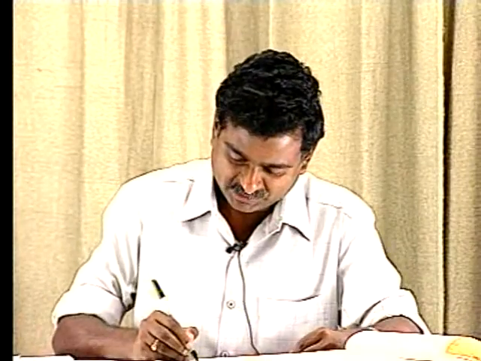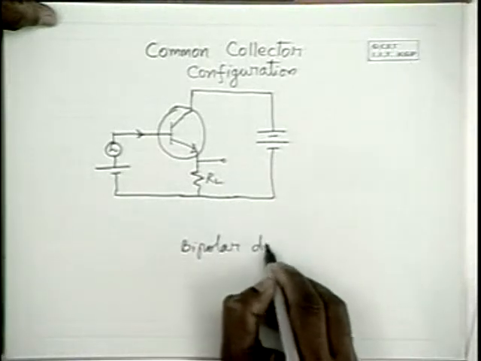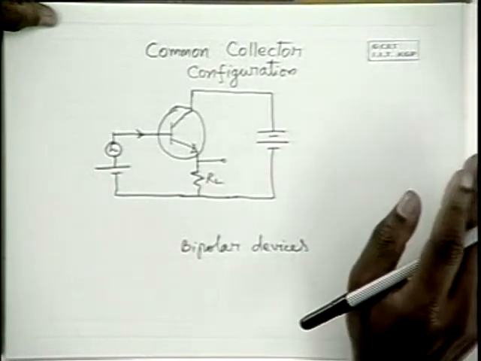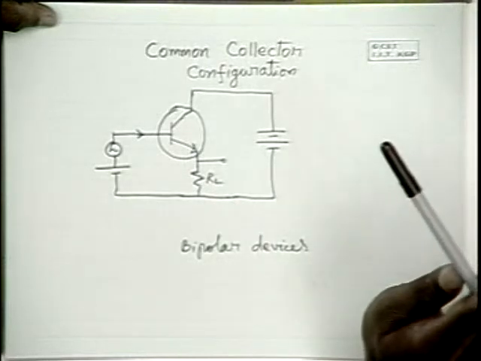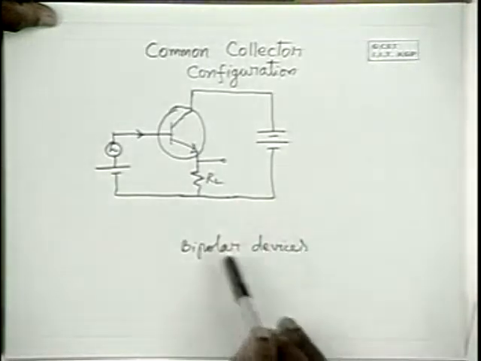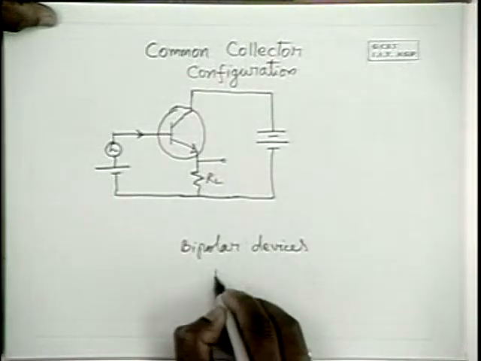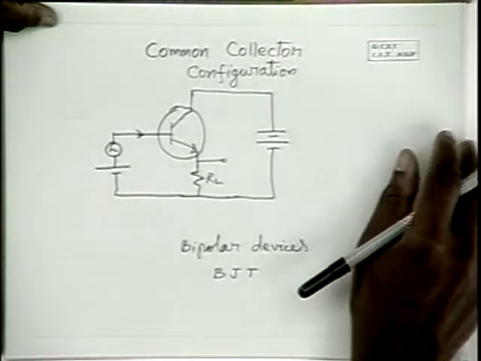Therefore, it is known as a bipolar device. We have charge carriers with positive polarity and negative polarity, both involved in the process of conduction. Therefore, such devices are known as bipolar devices, and the transistors are known as bipolar junction transistors, BJTs.